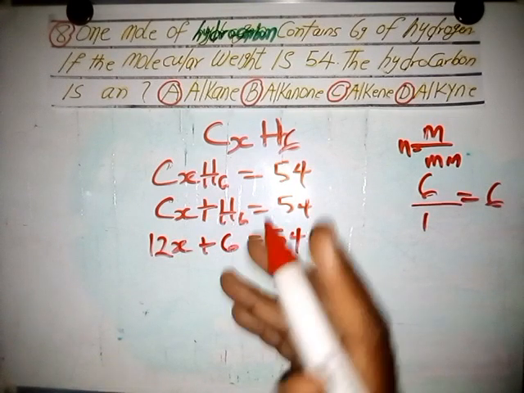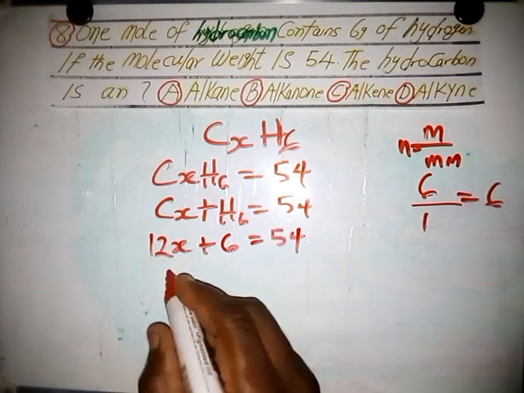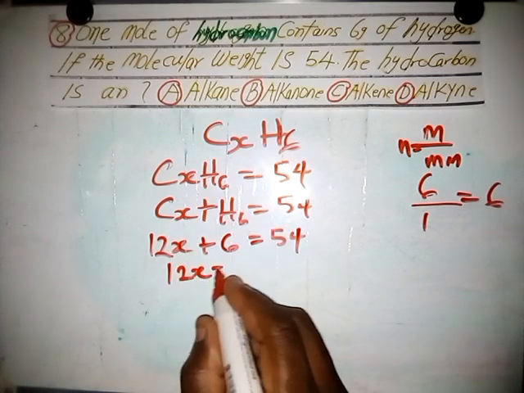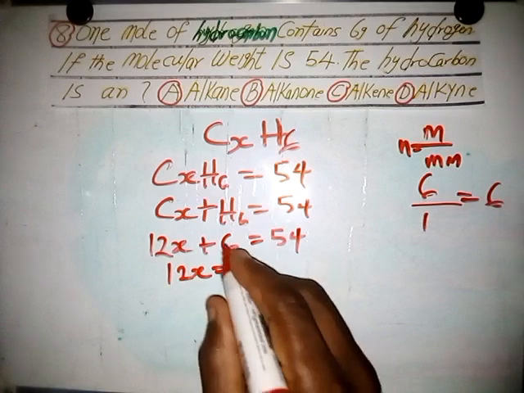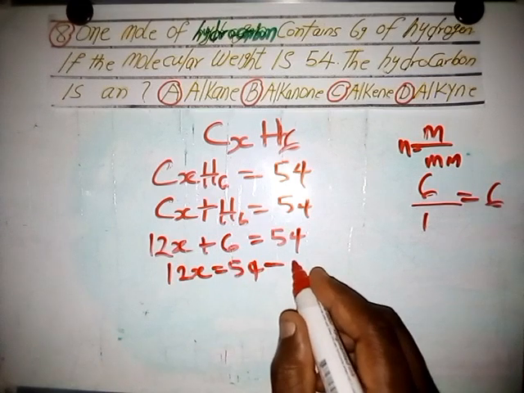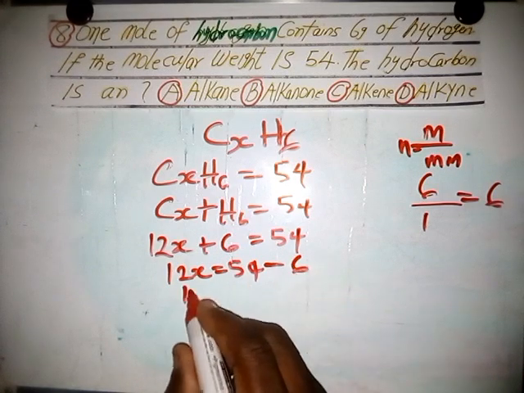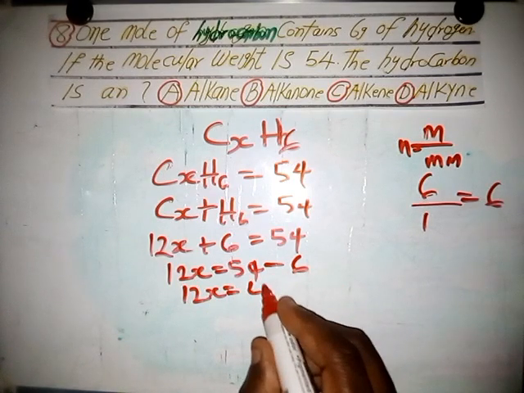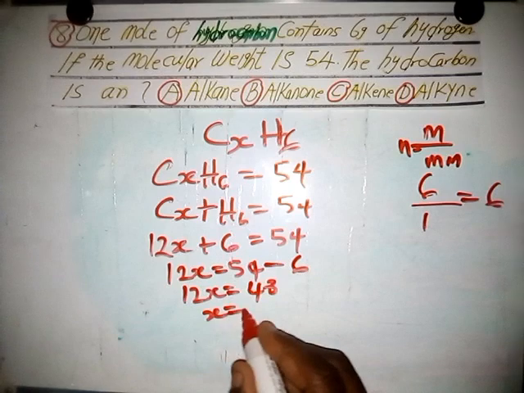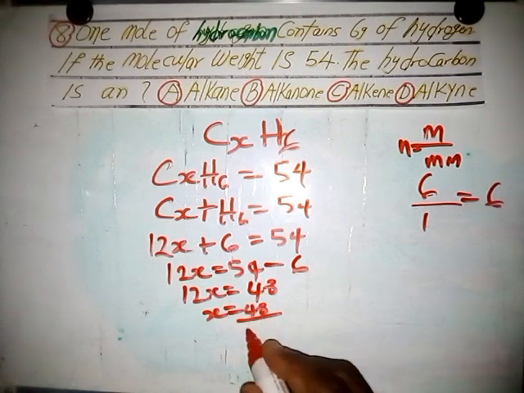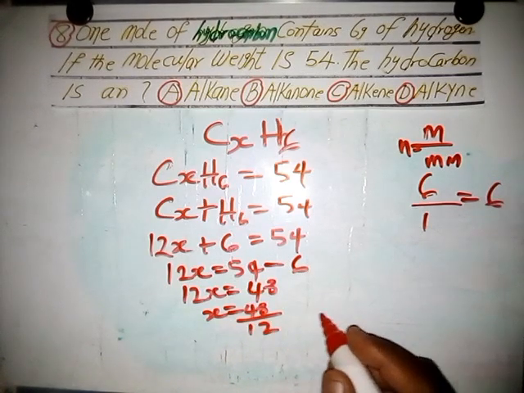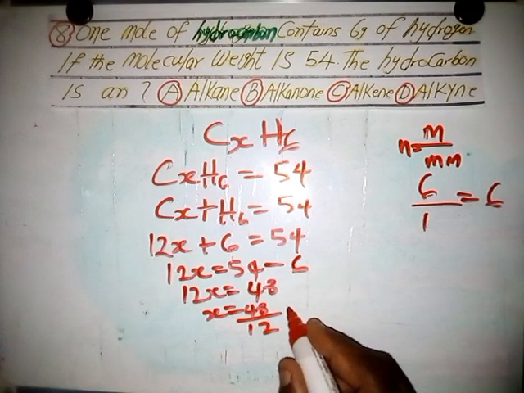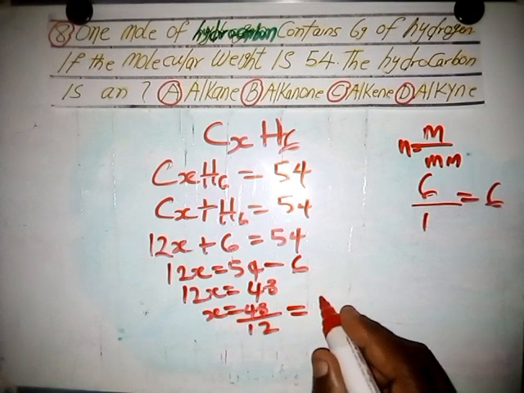Collect the terms that are common. So this one has to come here. 12x equals 54. When this comes here, it jumps to minus 6. 12x equals, subtracting, you get 48. x equals 48 over 12. x will be equal to 4.